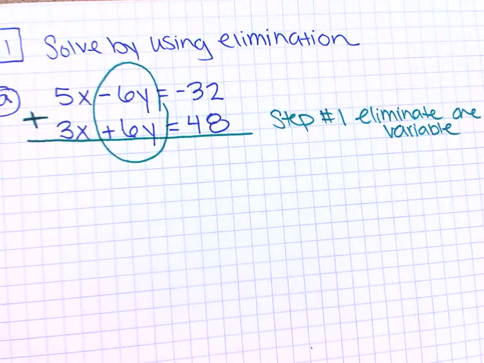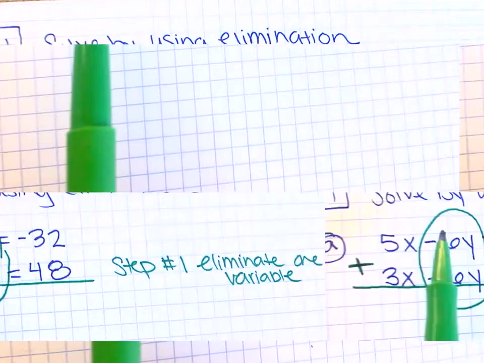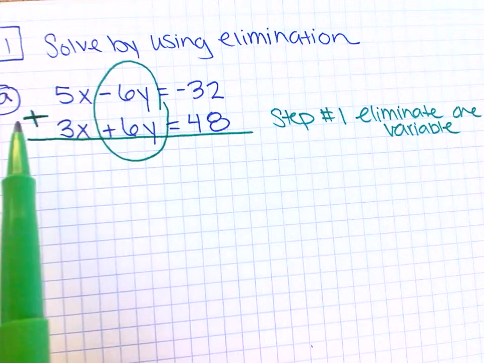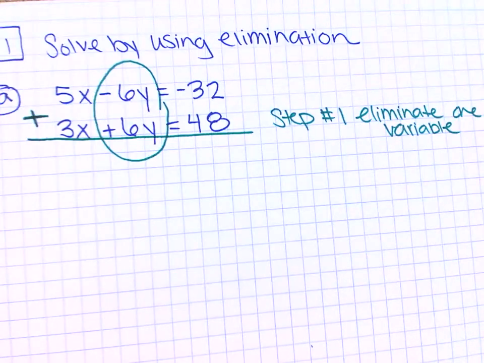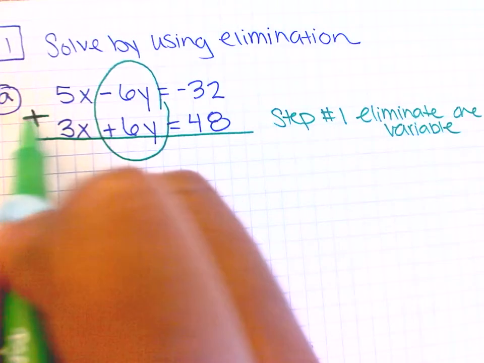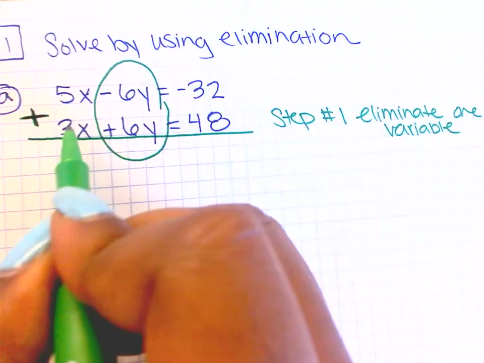So remember, in your steps, you can do elimination by adding, subtracting, or multiplying. If I add negative 6y plus 3x plus 6y equals 48, I'll eliminate that variable. So I'm doing it by adding. That's the method in which I did it. So what's 5x plus 3x?